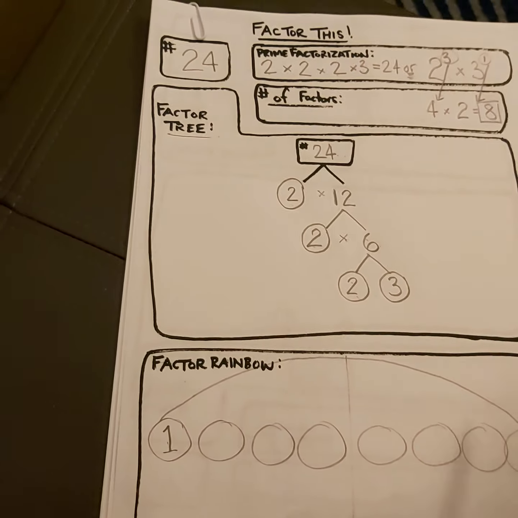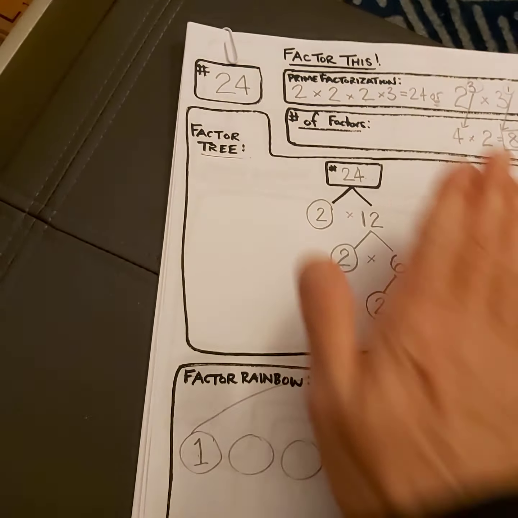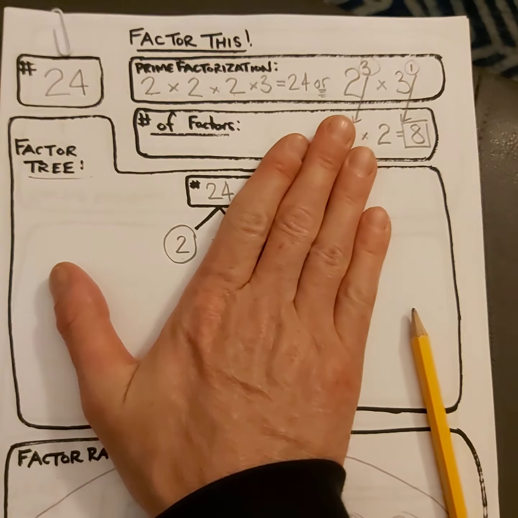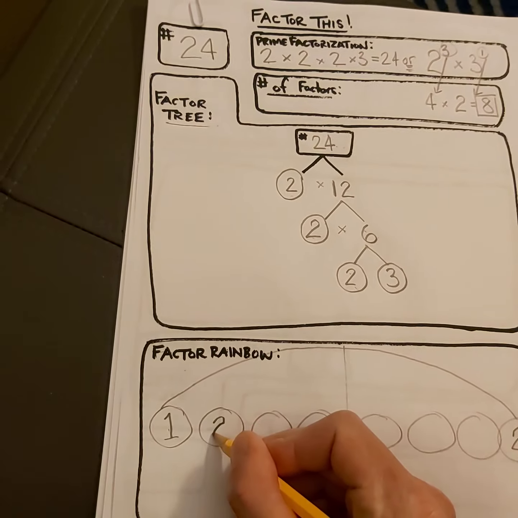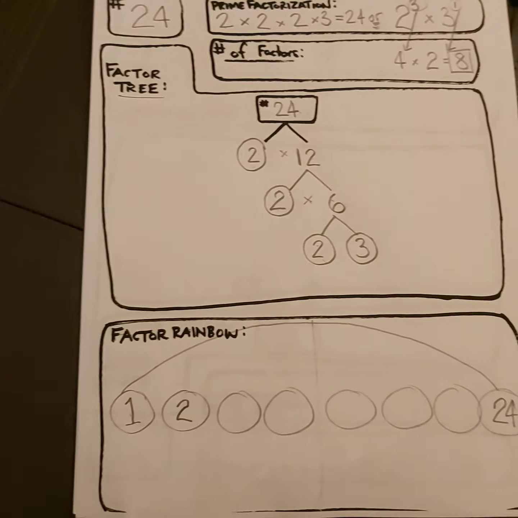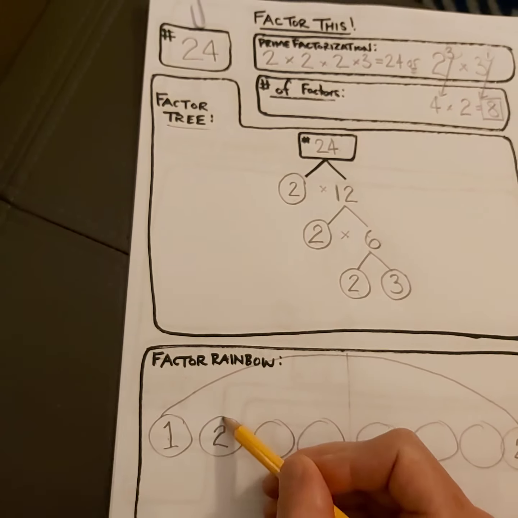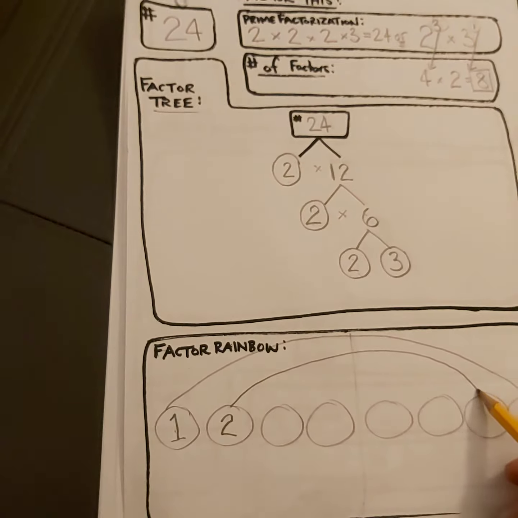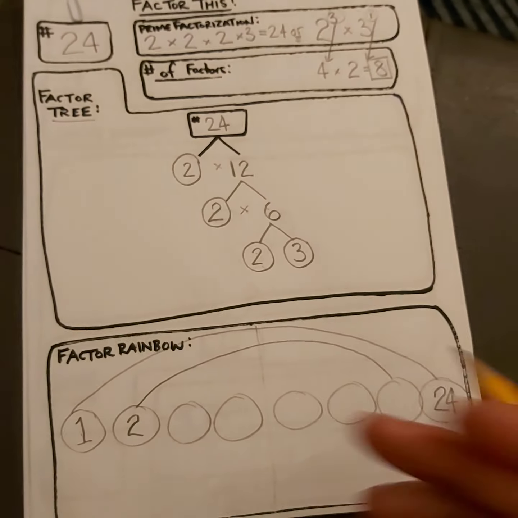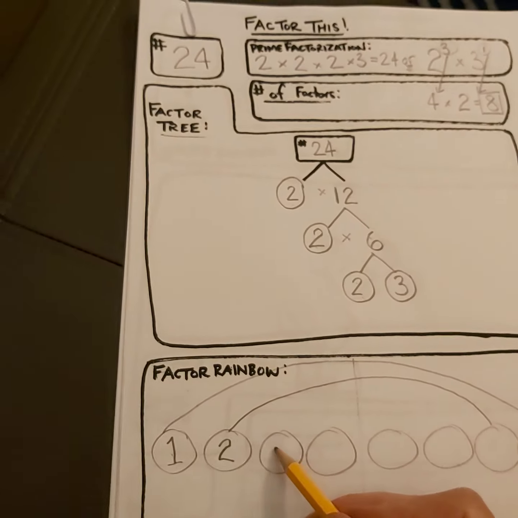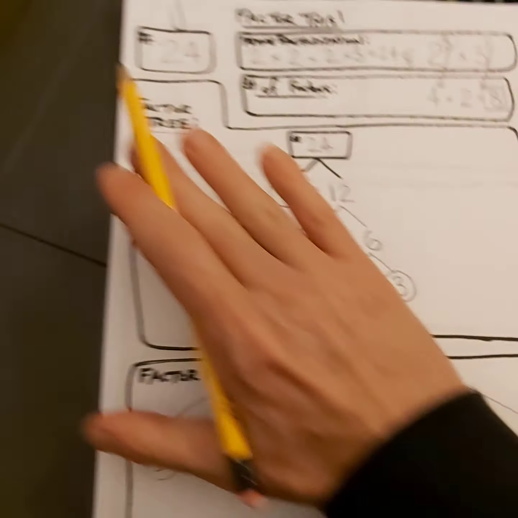So, do I see a 2 represented? Absolutely. If I block off all the factors other than 2, then 2 is left. I know that 2 is a factor of 24. Okay, so 2 times some other number will equal 24. You probably know what it is already, but we're just going to do this the long way. Next, do I see 3 represented? Absolutely.